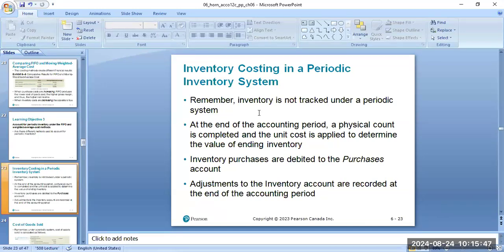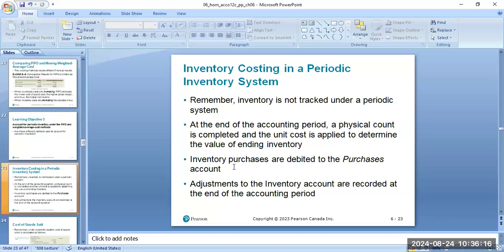But one thing we have to remember is inventory is tracked on the periodic system not directly, it is indirectly tracked.